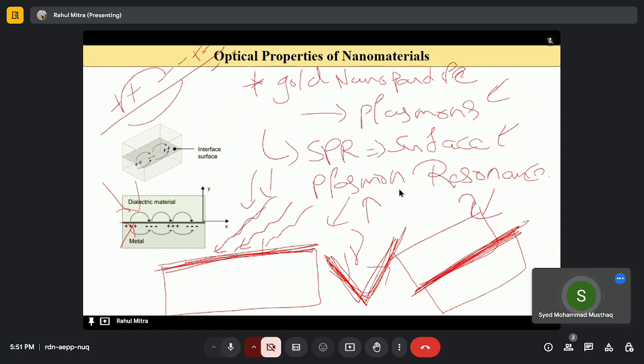Another technique to induce surface plasmons is to roughen the material surface. Now, surface plasmon polaritons can be used to cause extraordinary transmission. This is a phenomenon where the thin metallic film traps, because of the oscillating positive and negative charges, an electric field.